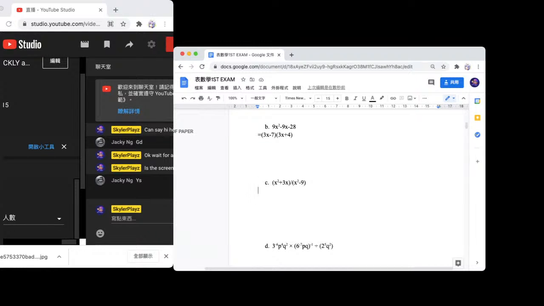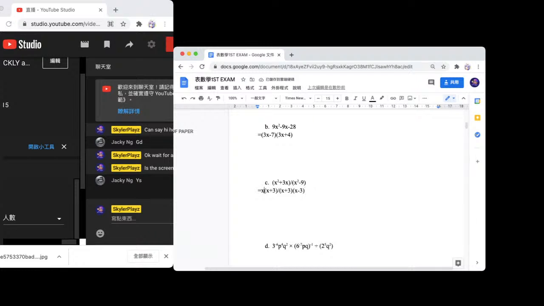The third question is about factorization. In the numerator, we can take out the x. x is the common factor, so we get x(x plus 3) for the numerator. For the denominator, we can apply the difference of two squares, so we get (x plus 3)(x minus 3), as 3 squared is equal to 9, okay?